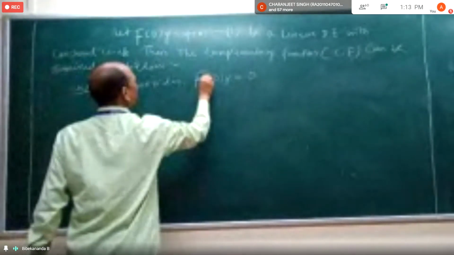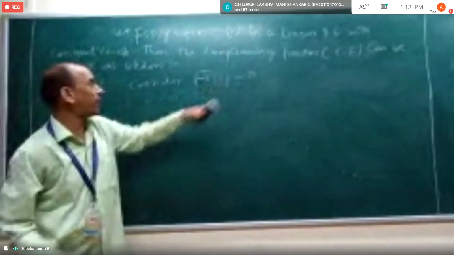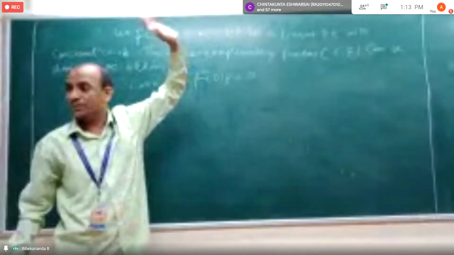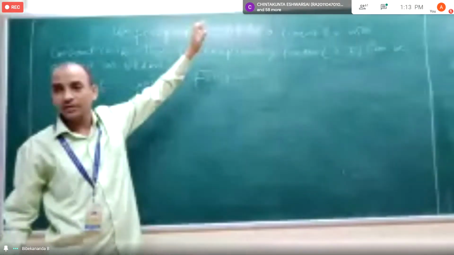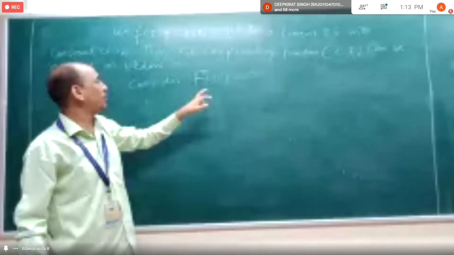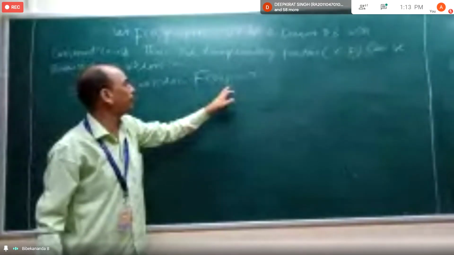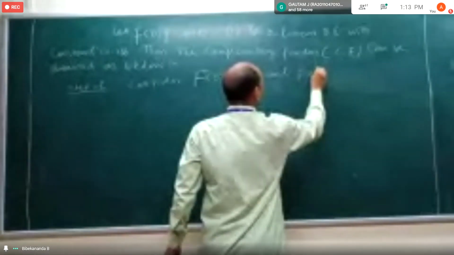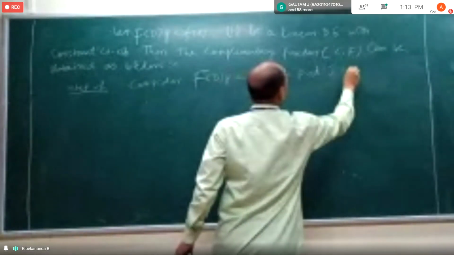You make it capital F, because small f is on this side, so you have to identify those two things. Consider F of d of y. It may be 0 or non-zero. 0 means no need to find the PI. If it is non-zero also, you have to consider F of d of y equal to 0 first and put d equal to m.